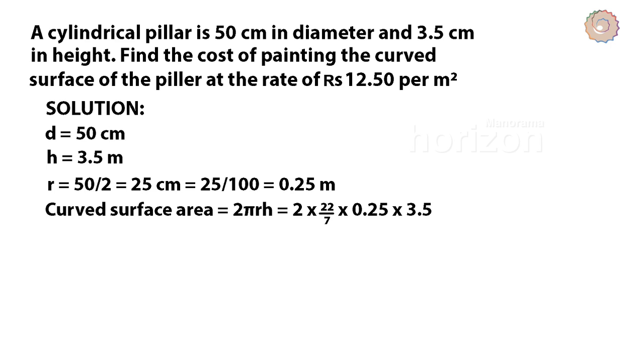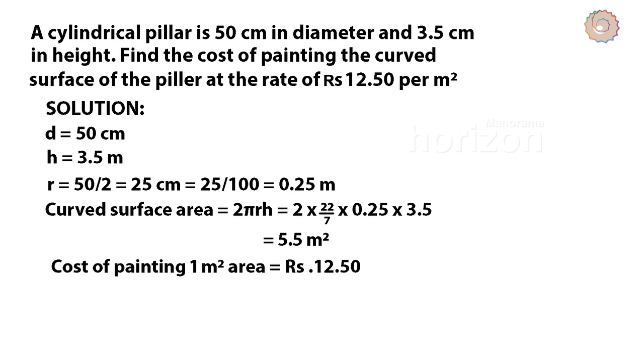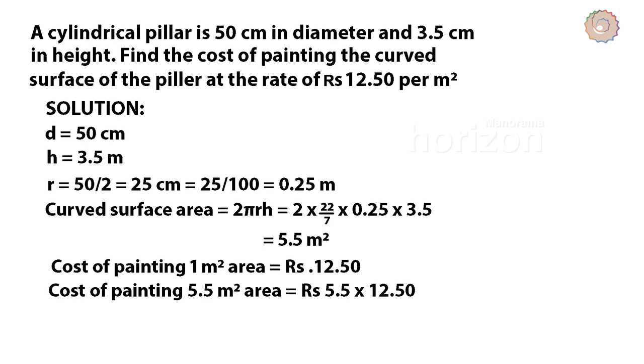Therefore, the curved surface area is given by 2 pi r h, which is equal to 2 into 22 divided by 7 into 0.25 into 3.5, giving you 5.5 meter square. Now, cost of painting 1 meter square area would be rupees 12.50, right? So, what would be the cost of painting 5.5 meter square area?